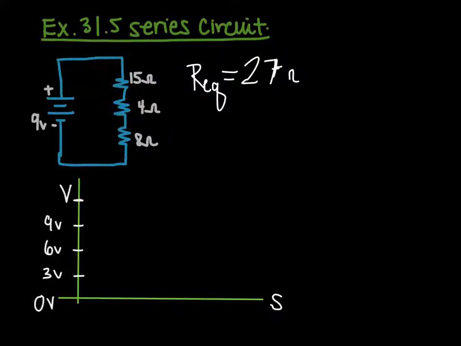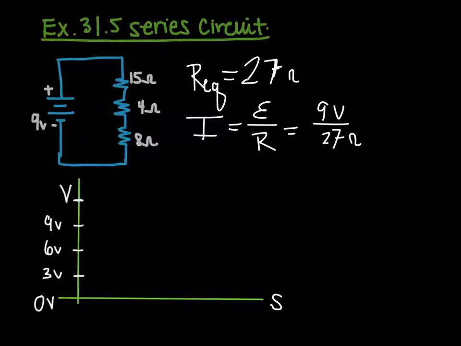So we can simply find the total current in the circuit by dividing the electromotive force supplied by the battery by the equivalent resistance. So we have 9 volts divided by the 27 ohms, and we should end up with 1/3, or 0.33 amps.